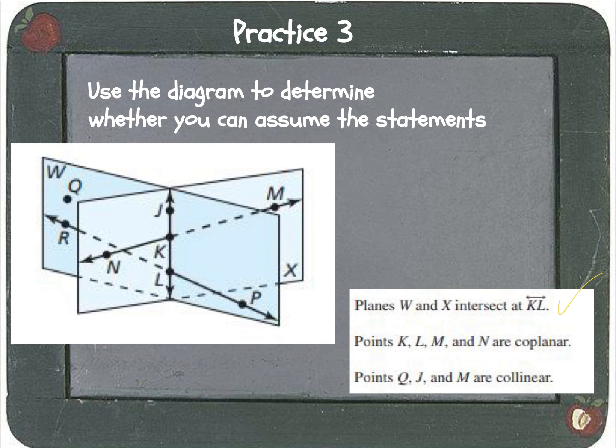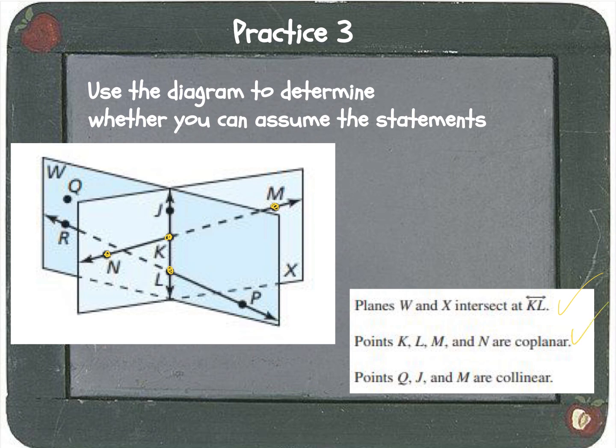Well, let's find the plane. Let's find the points. K is right here. Do you guys agree? L is right here. M is here. And N is here. Do they all lie on the same plane? They do all lie on the same plane. Which plane do they all lie on?